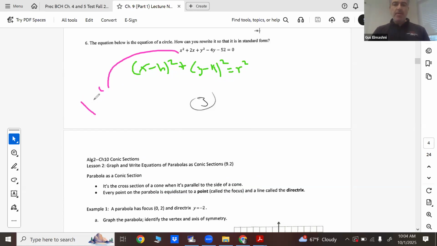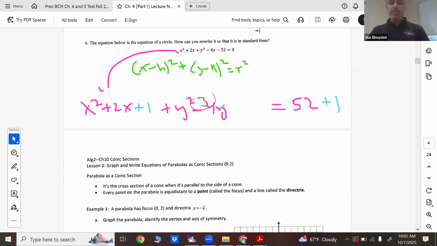I would actually separate out the x's and y's like this. Okay, how do you complete the square? You guys remember? Half of the linear coefficient and then square it. So you're going to add 1, but you have to add 1 over here too.